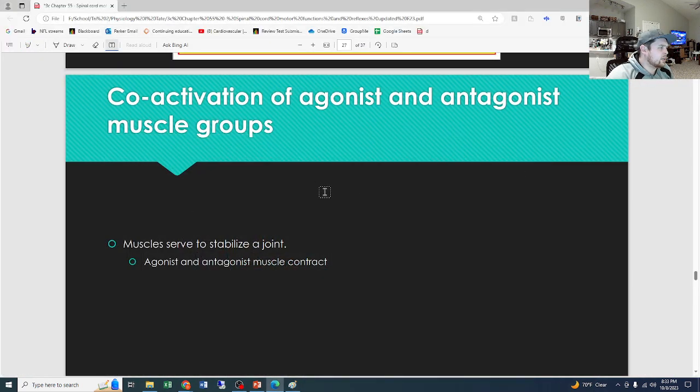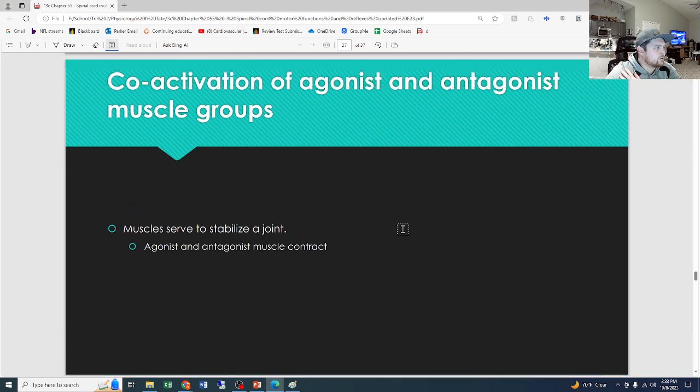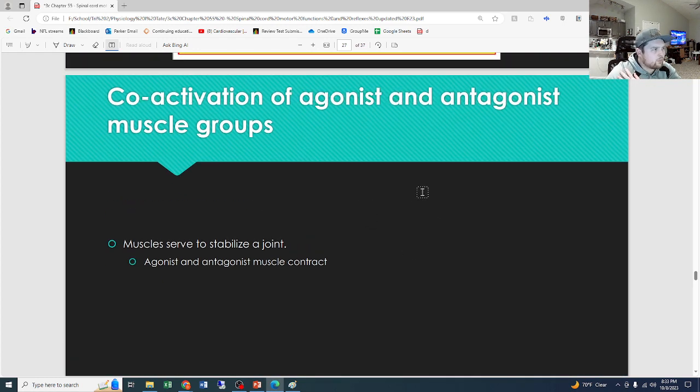This is just talking about day-to-day life, like when we're standing. In order to stabilize the joint, if I'm doing a push-up, for example, my elbow and my wrist and my shoulder all need to be stabilized. So we get co-activation of the agonist and the antagonist muscle groups in order to help control and facilitate the proper movements and to keep control.